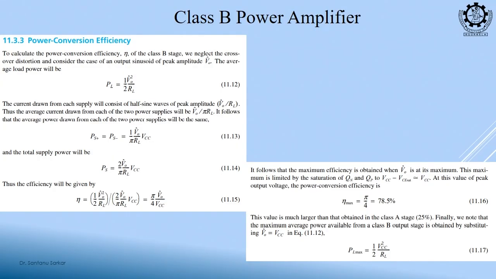So, again our load power is V square by twice RL. Now see, as I am providing power only half of the time, one transistor is on.